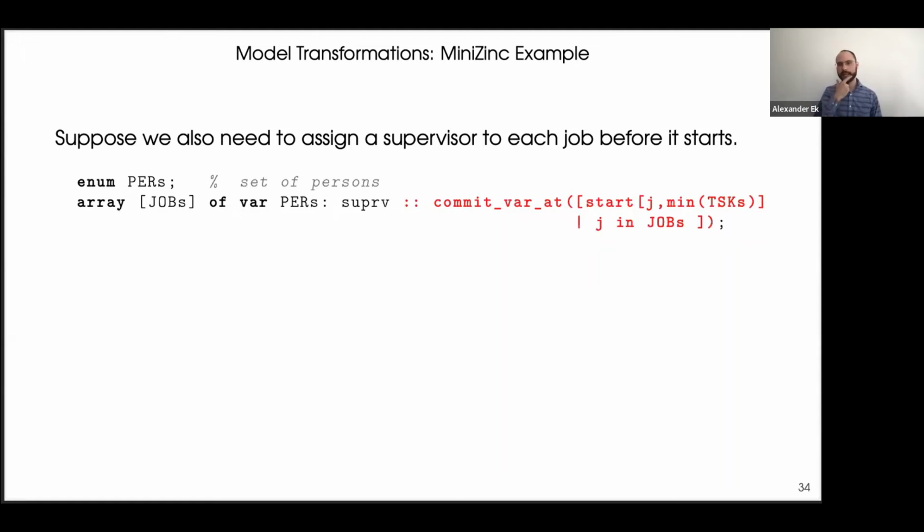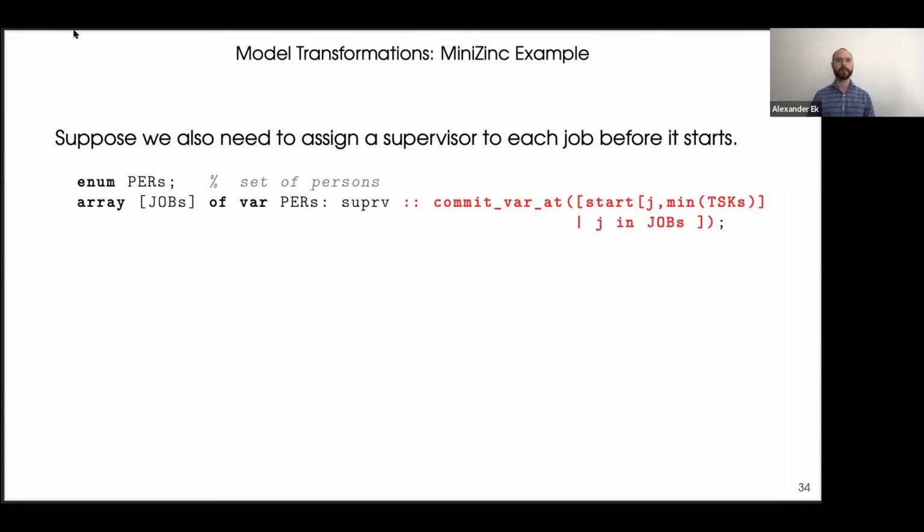Here we need to add another annotation. This means that we need to commit this variable at a specific time. We are free to change the supervisor of a job that has not started, but if it has started, then it's committed, and this is exactly what this annotation says. So we have the array in the commit var at, and we have the array here.